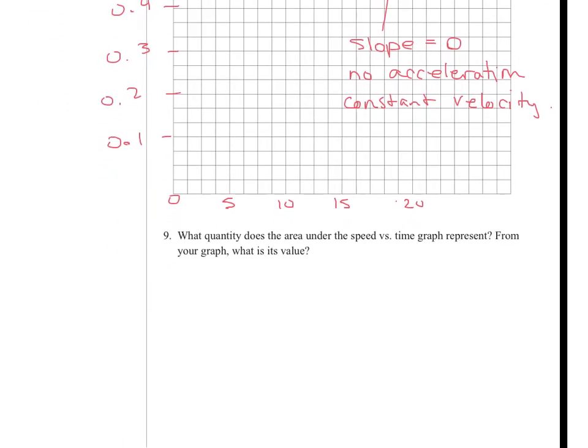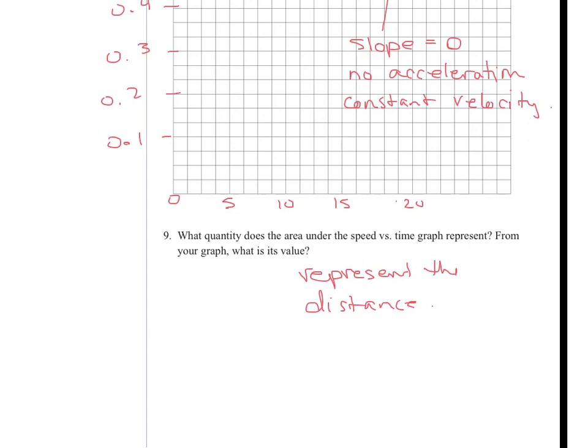What quantity does the area under the speed versus time graph represent? From your graph, what is its value? Okay, the area under the curve represents the displacement, or the distance. And what is that?